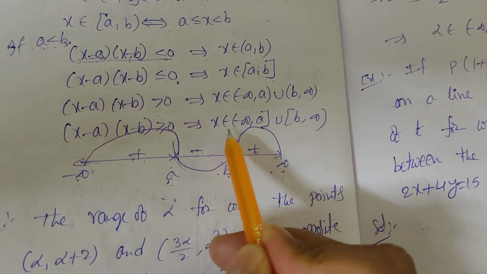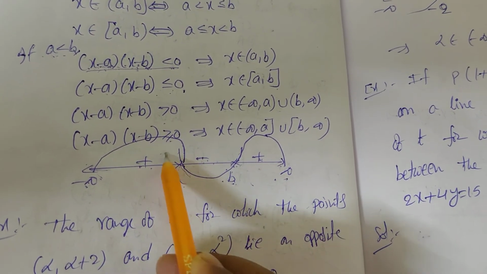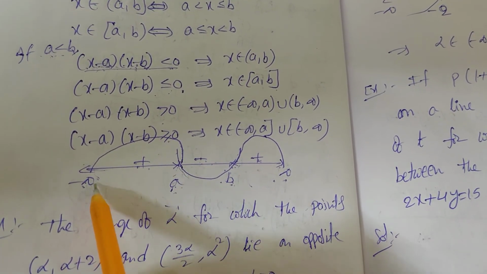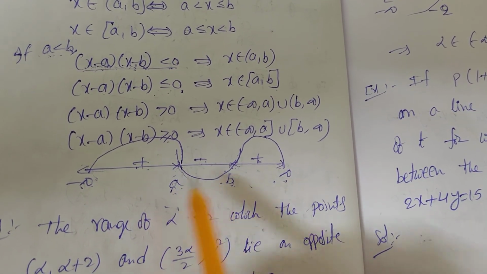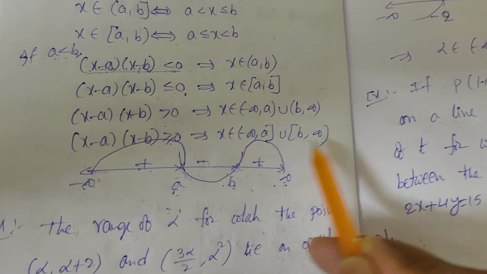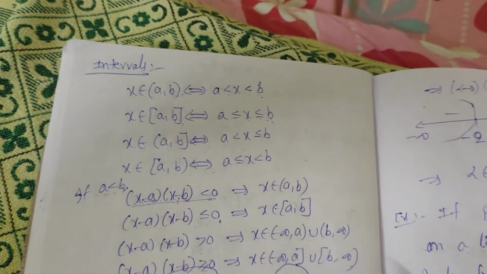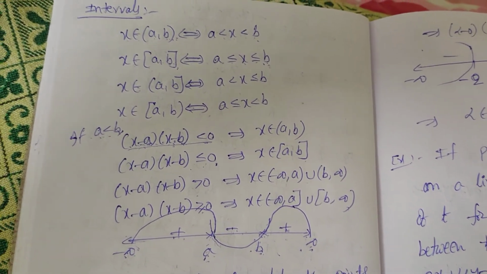So x belongs to (-∞, a] ∪ [b, ∞). At a you use a closed bracket, at b a closed bracket, and at infinity an open bracket. So these are the notations, very important. Based on this, I will give some problems in the next video.